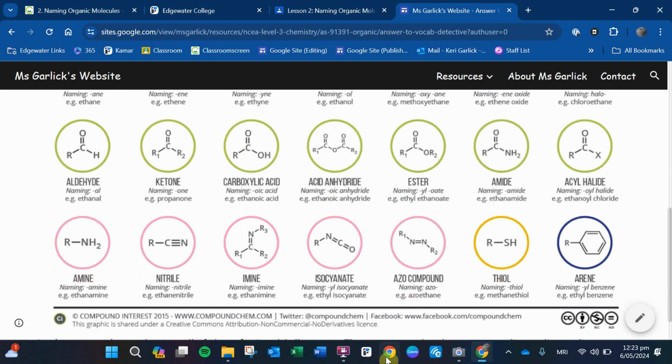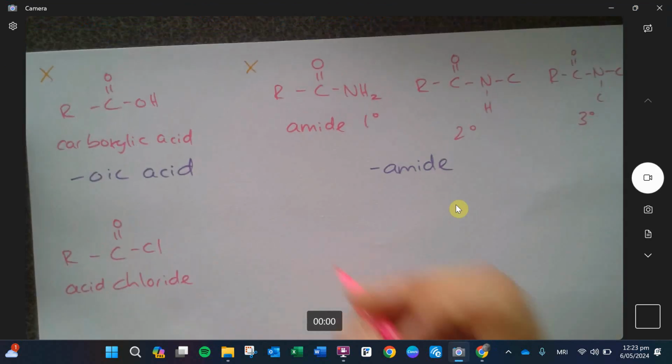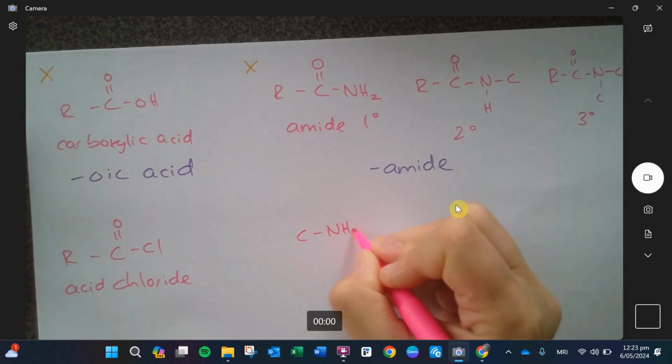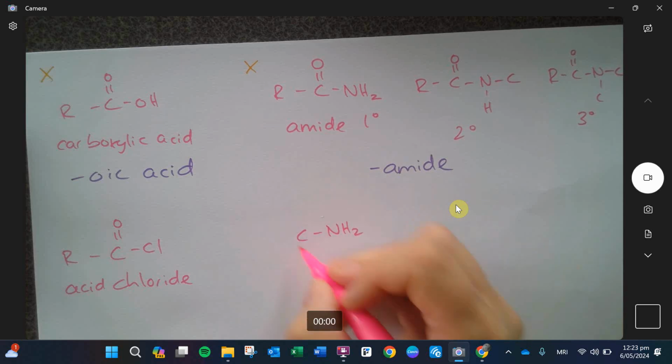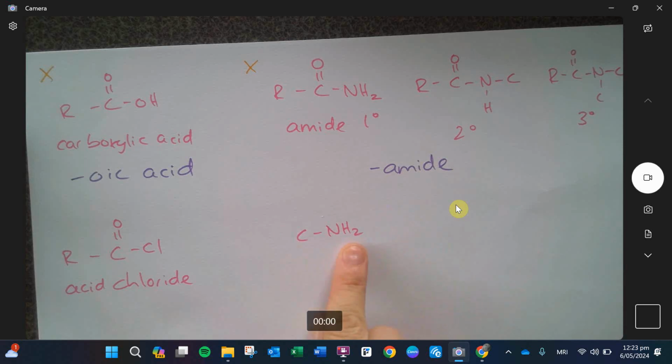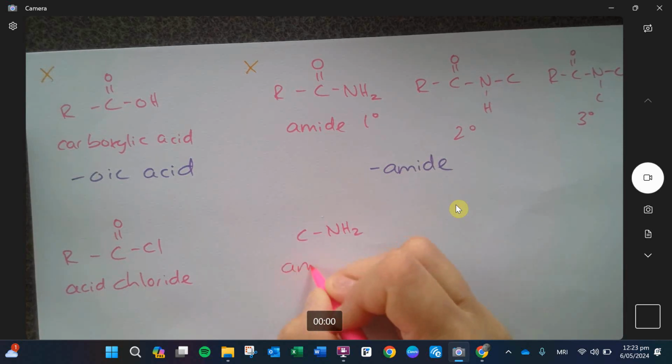All right, amines, very similar to amides. You have a carbon that's attached to a nitrogen. I should be more consistent in writing R's, but that's okay. Anyway, carbon attached to nitrogen. This is an amine. You'll notice that it doesn't have the carbonyl attached to it anymore.